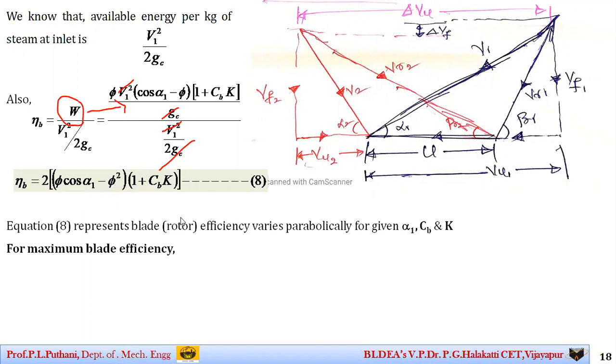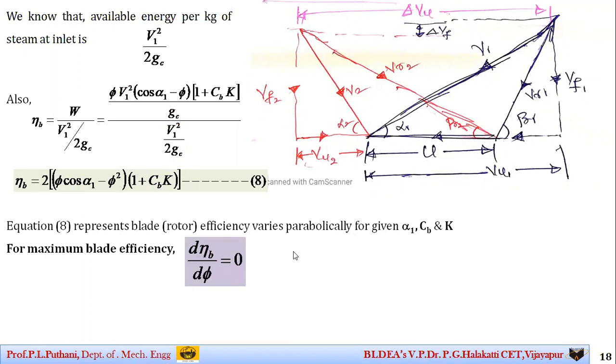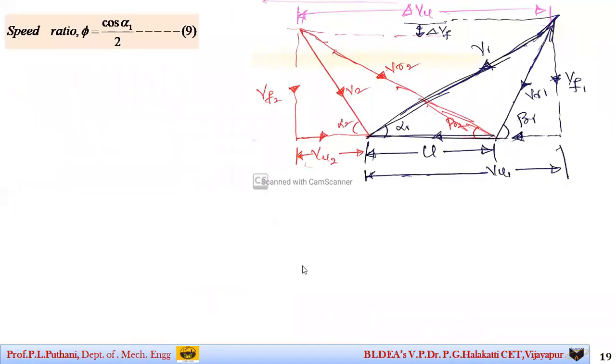The equation you get as equation number 8 is the blade rotor efficiency, which varies parabolically for a given value of the nozzle angle alpha 1, CB and K. Now if I want this equation to have maximum blade efficiency, then differentiating d eta b by d phi and equating to 0, using the concept we learned in previous sessions, for the maximum case the speed ratio phi is equal to cos alpha 1 by 2.